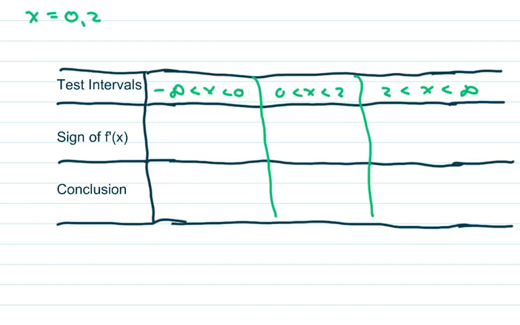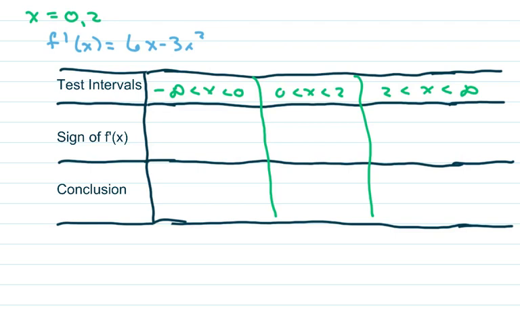And we're going to test for our derivative, and our derivative was 6x minus 3x squared. So I'm merely going to plug in, say, a point on this interval here.